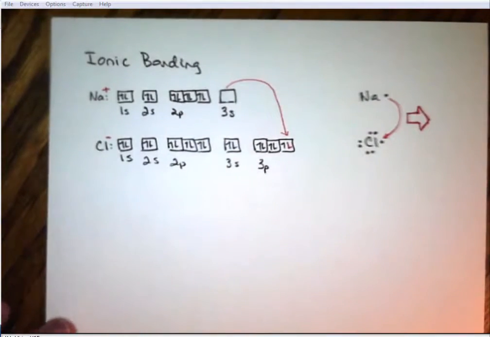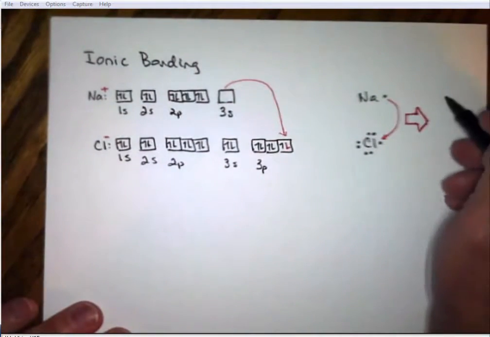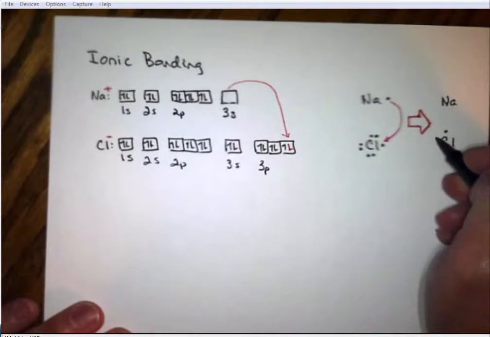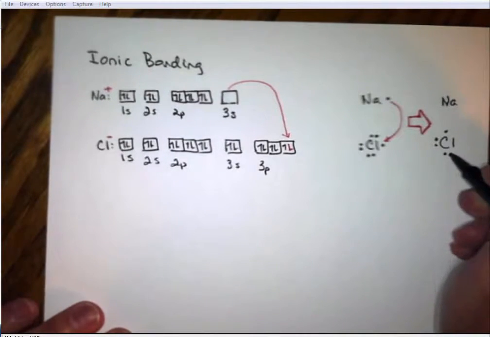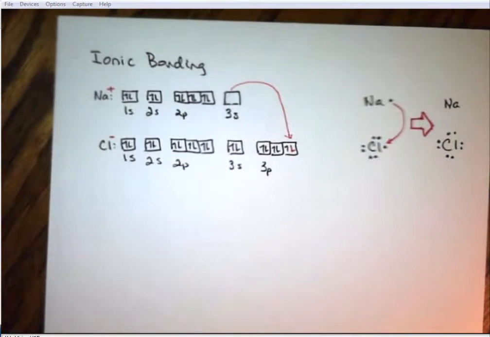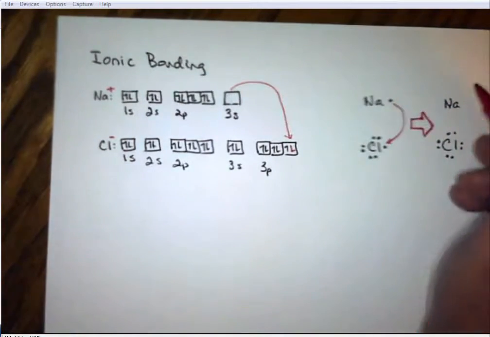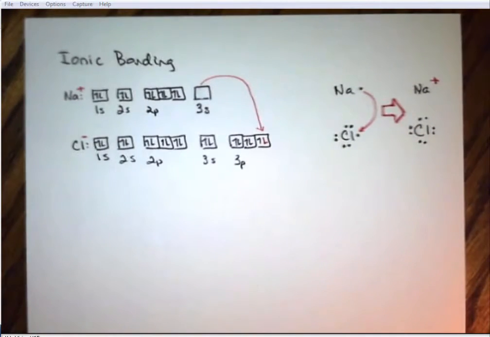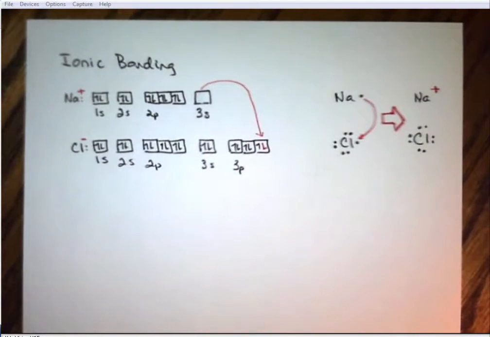I'm drawing an arrow to show that's where it's going to. So now we're going to have sodium here with no electron dots, and chlorine with 8 electron dots because I put an extra electron on there. Sodium is going to have that positive charge because it got rid of an electron. Now chlorine will have a negative charge.